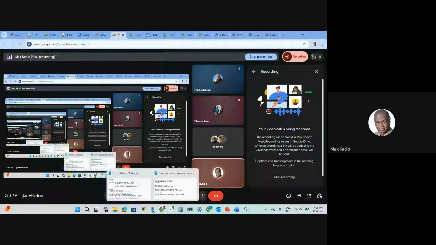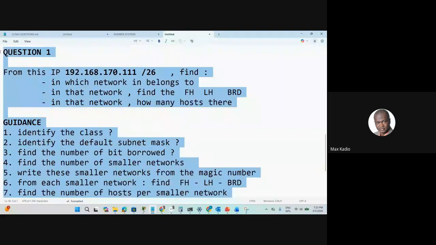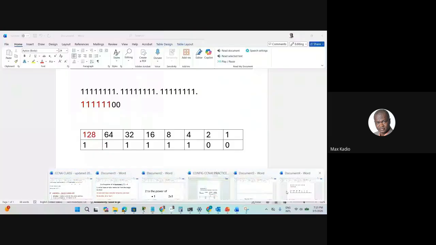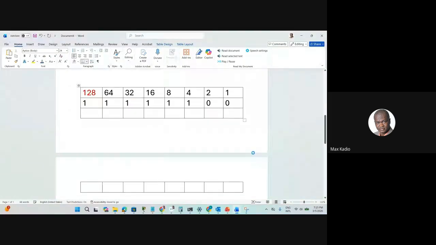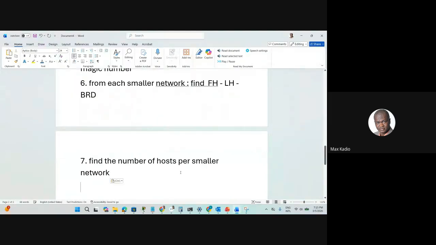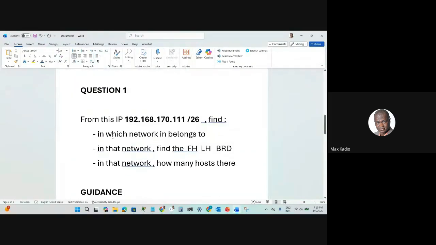Okay, so this is our question. I'm going to copy it and go to a Microsoft Word document and go down, down, down, up. I come here and it's too big, yeah?